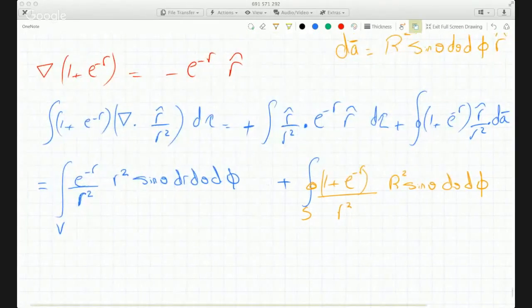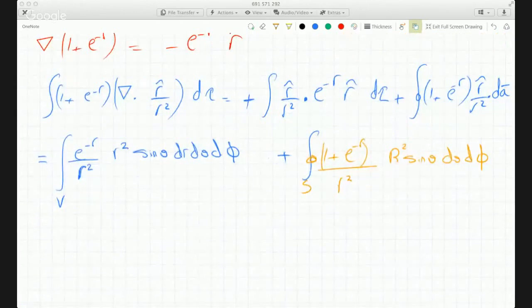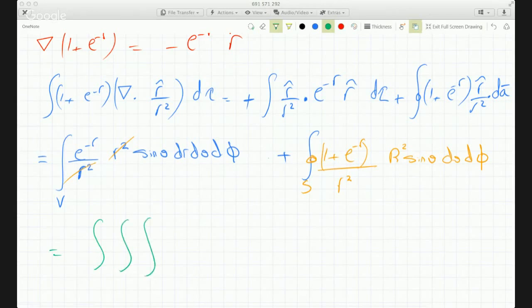Okay, good. Let's go back to the first guy. Here, the r squared crosses out the r squared, and we will get e to the minus r dr, right? And by the way, this is basically a triple integral, right? Since there's no sines or cosines, we can do each one separately.